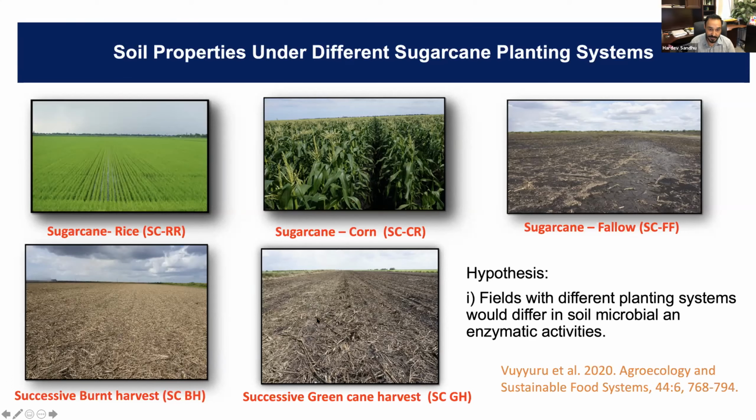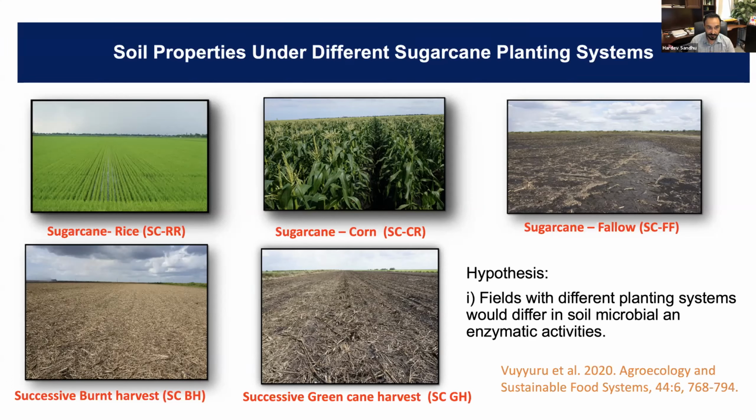And then there are two harvesting methods which we assessed. Burnt cane harvest, where they burn the sugarcane before they harvest, just mainly to get rid of the leafy residue, so that there's not much trash left on the soil surface after the sugarcane is harvested.